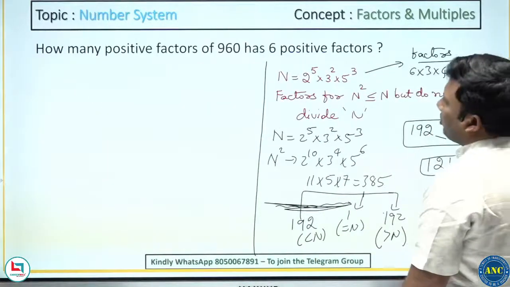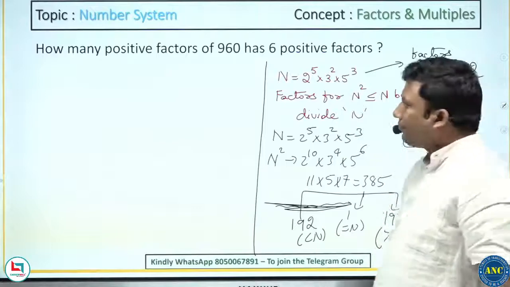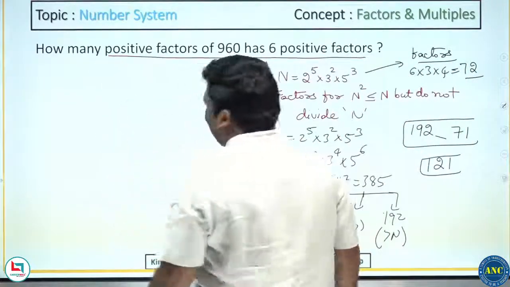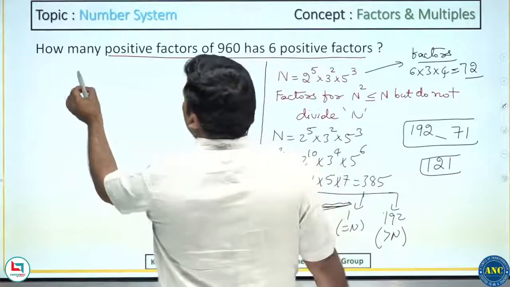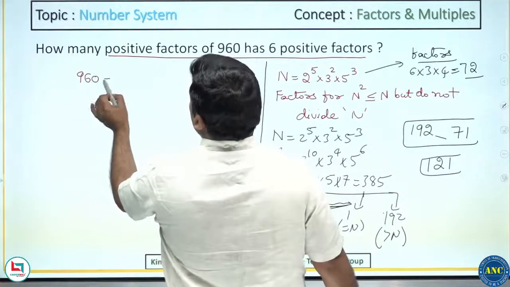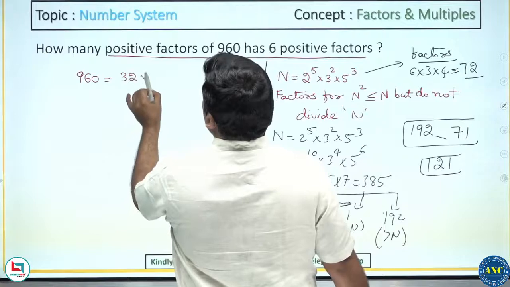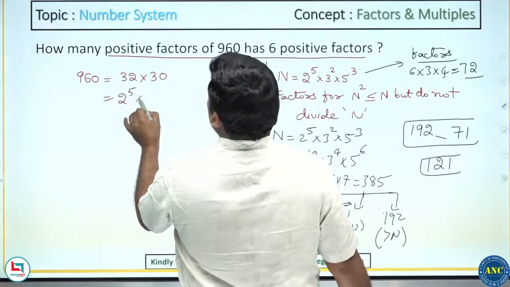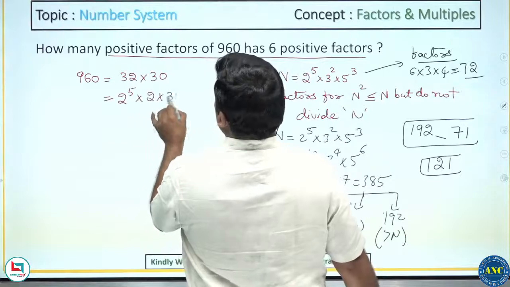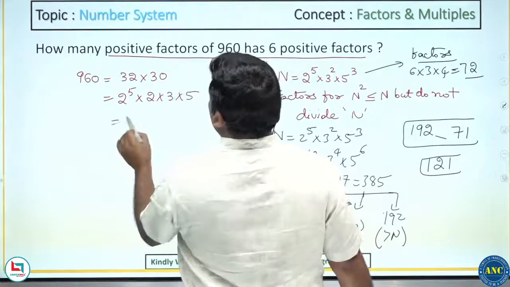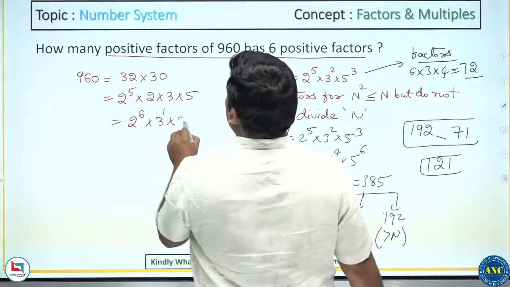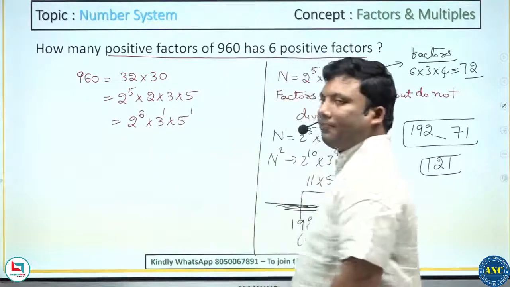Another beautiful question, sir. Read this question. How many positive factors of 960 have exactly 6 factors? First take 960. 960 is 32 into 30. 2 power 5 into 30, which is 2 into 3 into 5, so 2 power 6 into 3 power 1 into 5 power 1.